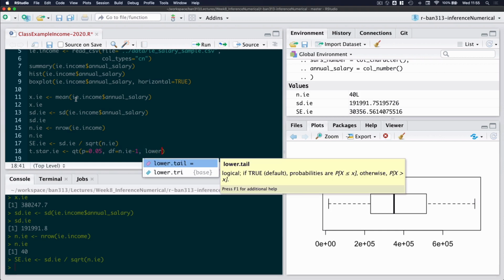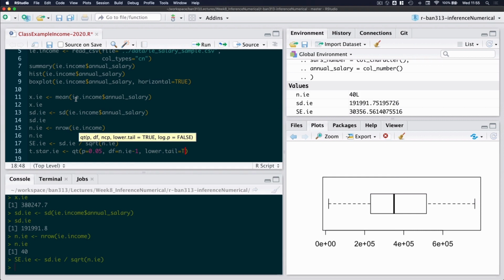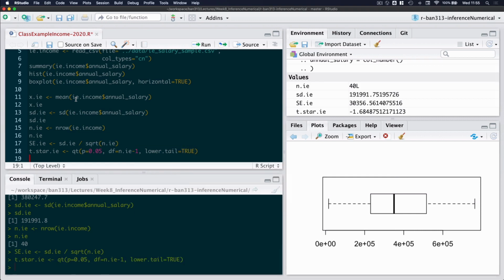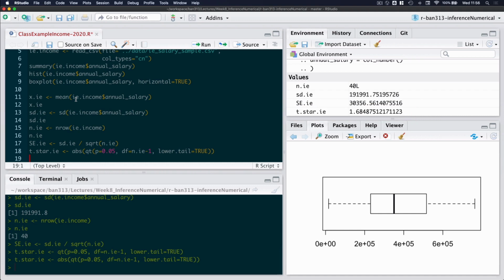And since I'm interested in the lower tail, I will get a t star value. And I see that it is minus 1.68, so it's quite similar to what we see in the standard normal distribution. But since I want to calculate the confidence interval, I want to just use the absolute value.